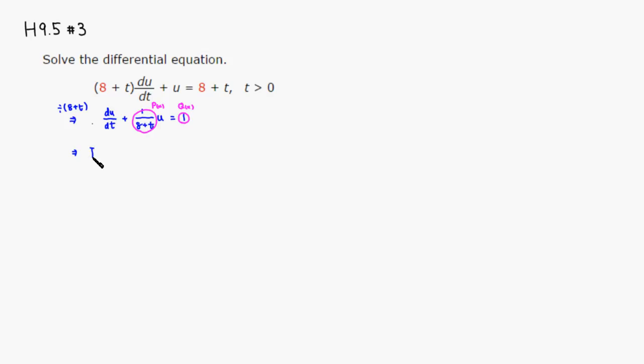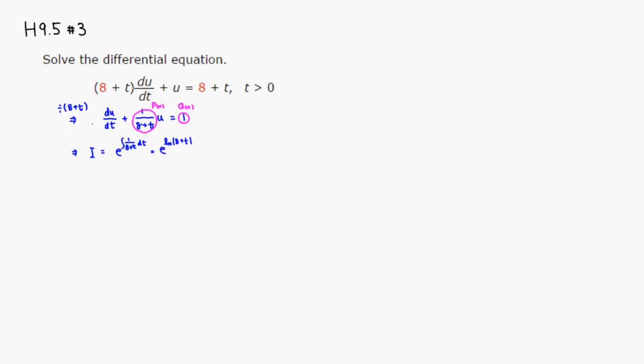integrating factor I. So this is going to be e to the integral 1 over 8 plus t dt. So this is going to be e to the, so antiderivative is natural log of 8 plus t. We don't have to worry about the absolute value really, because t is greater than 0, so 8 plus t is never negative.